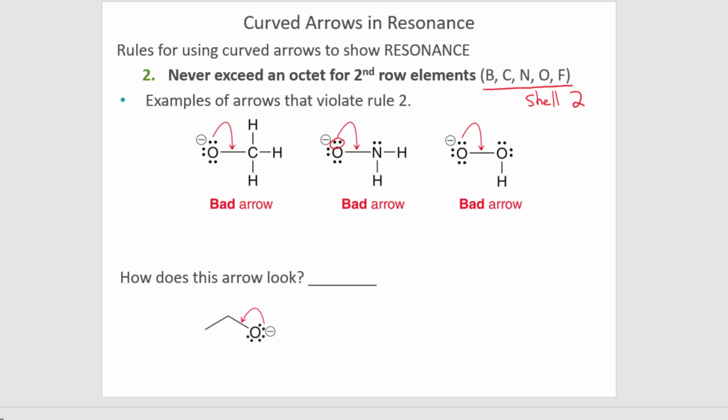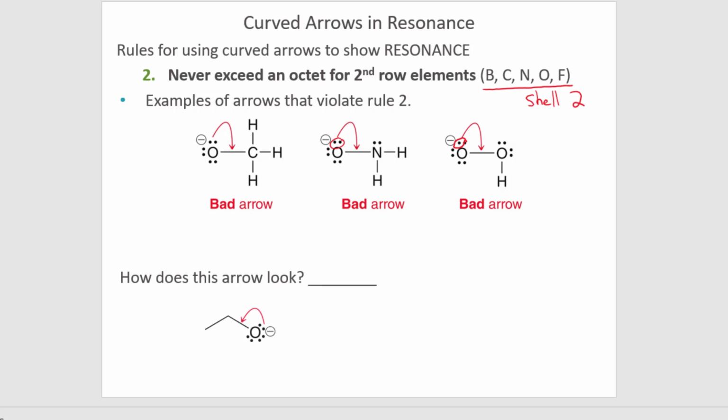You can't pop one of these bonds off because in resonance, I can't break a sigma bond. I also can't just oust some electrons either. If this oxygen takes these electrons and pushes them in to make a new double bond, I can't do that. The oxygen already has an octet, and I can't break a single bond, and I can't just shove 2 electrons out into outer space. So all of these are just bad. These are not going to ever happen.